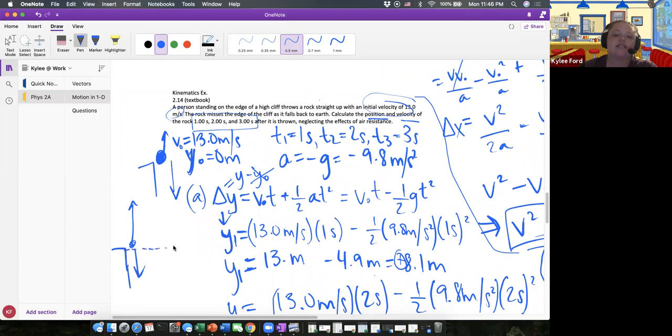And if I'm saying that where I start throwing my rock is y naught equals 0, then I will eventually get some negative value for my position.